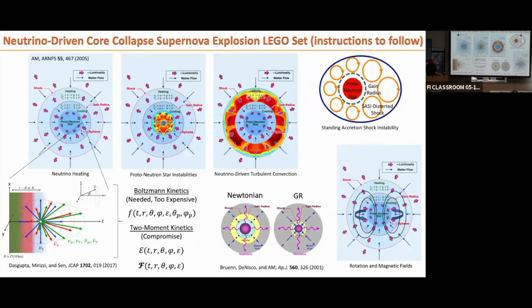The first thing to note here, important in multiple respects, is that within the protoneutron star, because we have a weakening shock that imparts a smaller and smaller entropy jump to the material coming across it as it stalls, we have a negative entropy gradient.